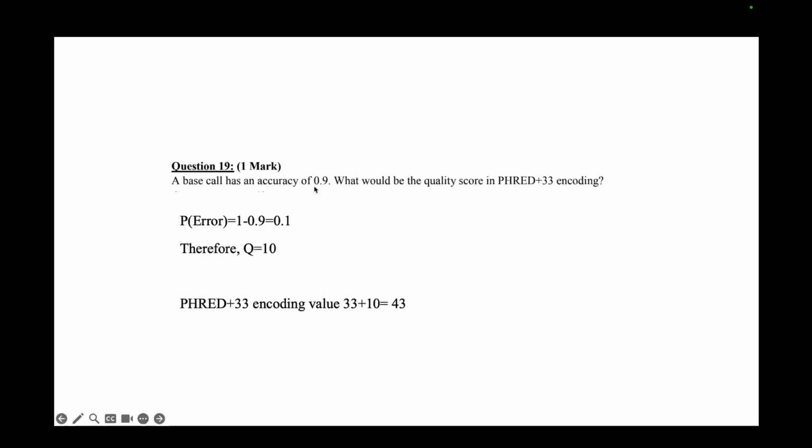So you have an accuracy of 0.9, so your error probability will be 0.1, and your Q is basically 10. If you put in the formula of minus 10 log P, where P is 0.1, and take the anti-log, you get Q equal to 10, and you add 33 to that. It's basically 43. These are quite straightforward. You just need to put the values in the formula and you'll get the answer.